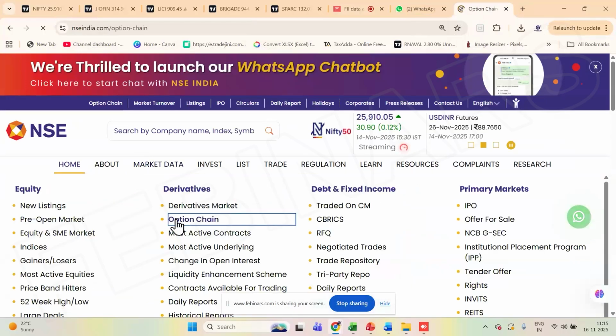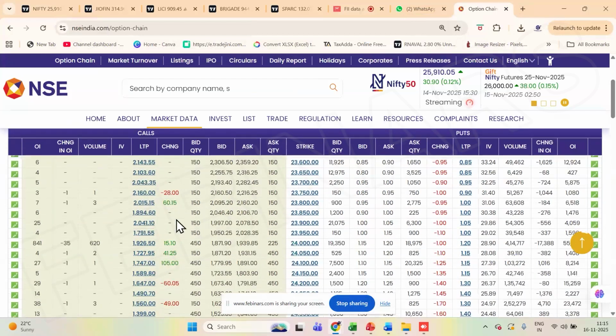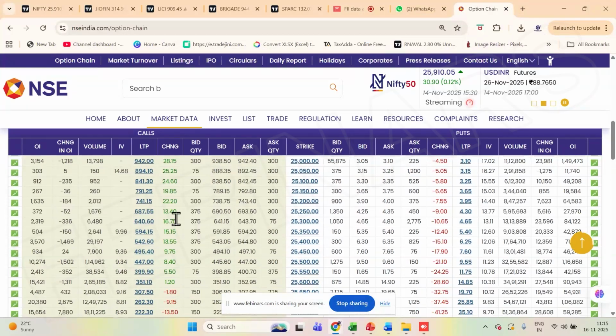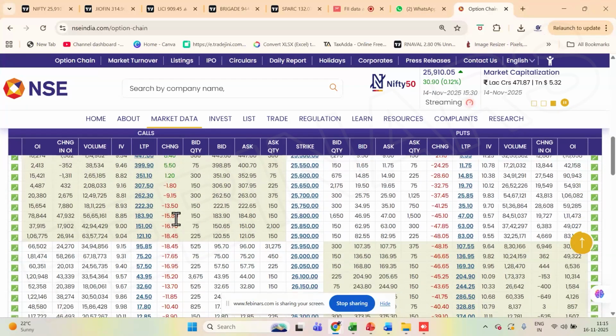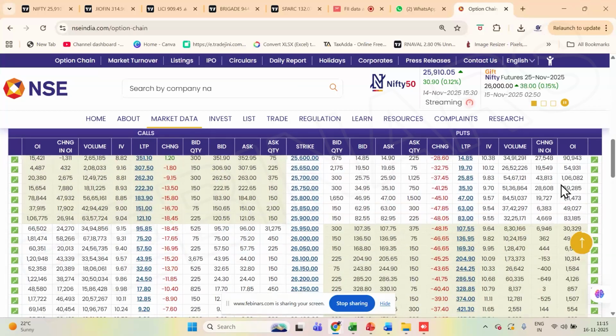Let us see the option chain analysis for the Nifty. What is happening with the Nifty now? First, let us get the idea where the more base is built. I would do the simple basing analysis on the option chain data. 25,700 is what we are seeing, where the maximum open interest is built. That is where the base has been built for the Nifty.